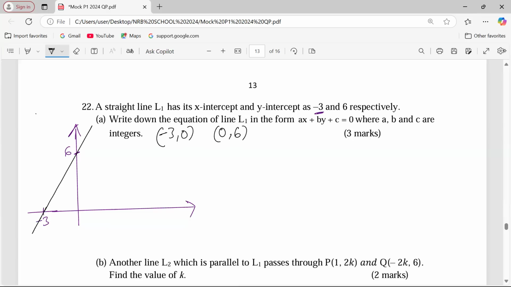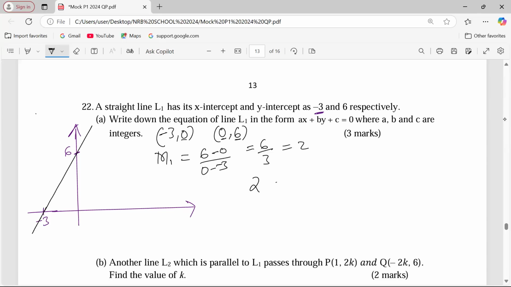So with two coordinates, we can get what we call the gradient for this particular L1. Gradient 1 will be given by change in y, 6 minus 0, over change in x, 0 minus -3. So this will be 6 out of 3, giving us 2. So the gradient is 2. If the gradient is 2, we can now get the equation.